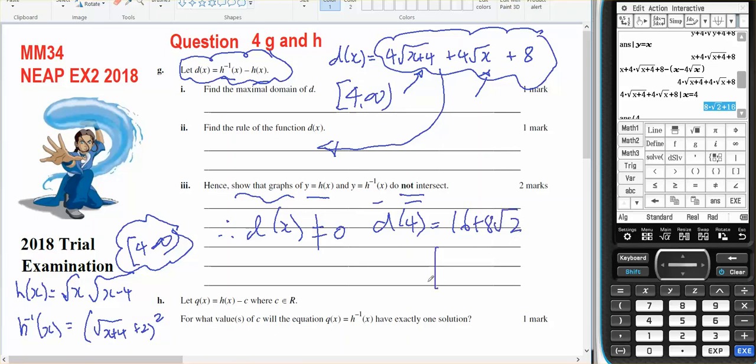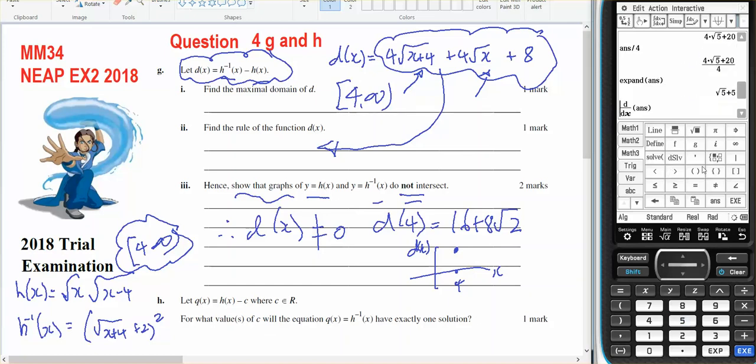Now, I know that if I'm graphing D of x against x at 4, it's way up there. If I put in 5, do I get a bigger value?